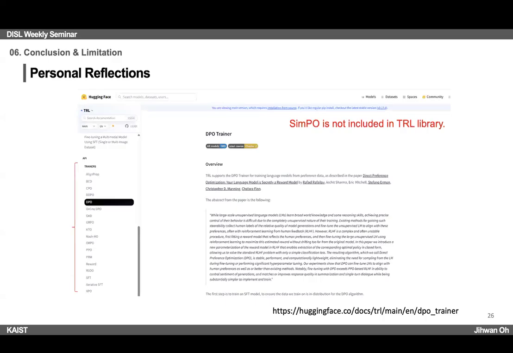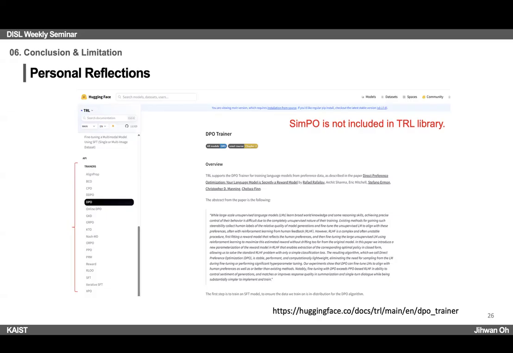And lastly, before I end the presentation, I would like to share some of my thoughts and experience regarding the implementation of SimPO. Currently, I'm interested in preference optimization, so I usually use the TRL library. Here, TRL stands for the Transformer Reinforcement Learning library. So see the left side, when we search the TRL library, there are many fine-tuning methods, including SFT, DPO, and GRPO.